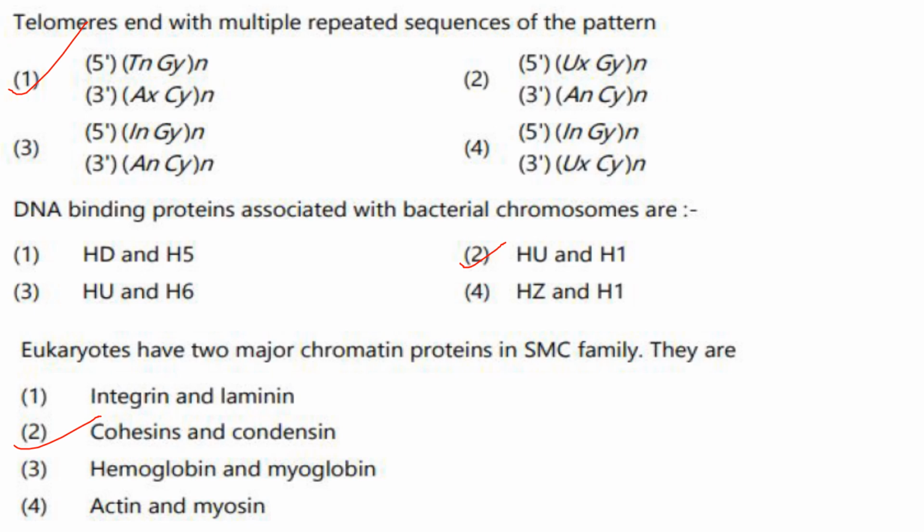Then DNA binding proteins associated with bacterial chromosomes are. So they are HU and H1.